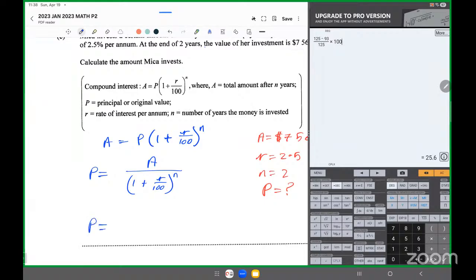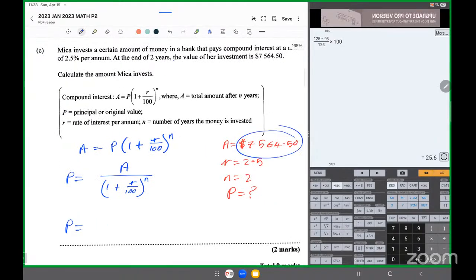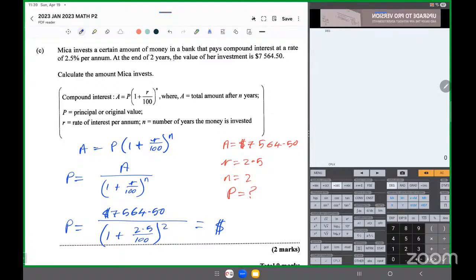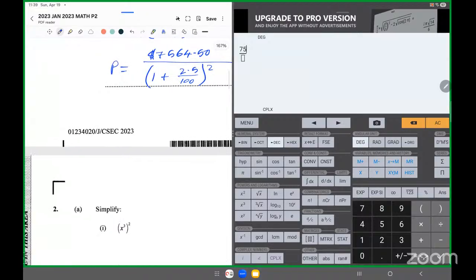So the amount invested, the amount at the end of it was 7,564.50 divided by 1 plus 2.5 over 100 raised to the power 2. Put that in the calculator. Let me show you. I'm typing this exactly as it is in the calculator right here.